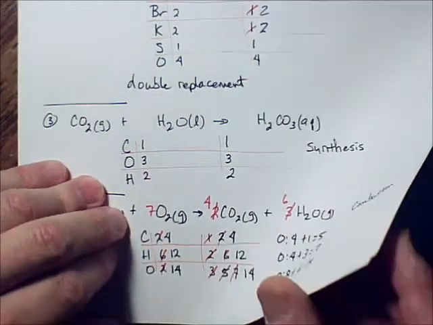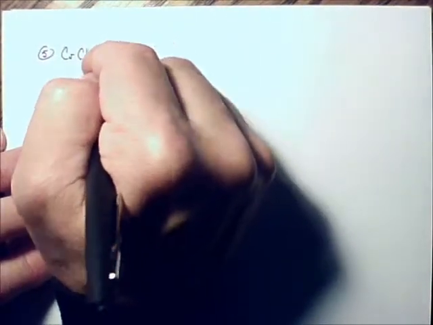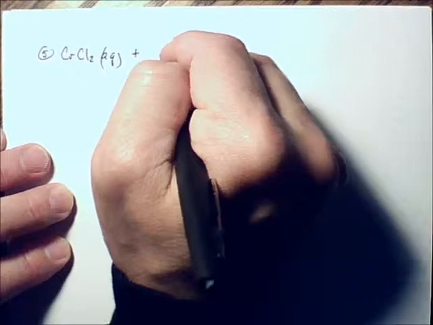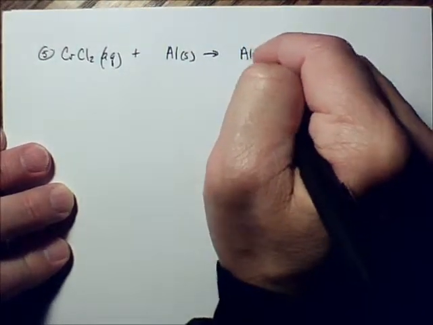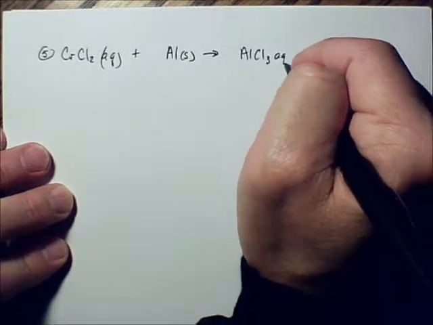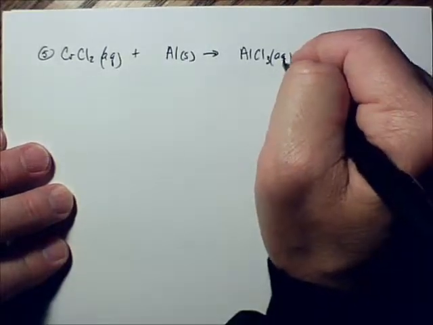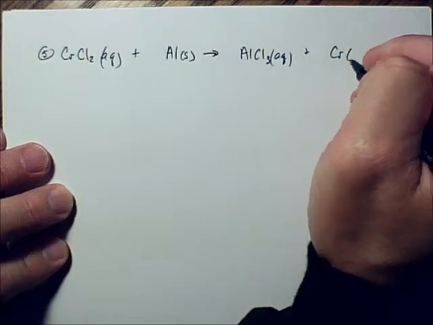Alright. That was problem number 4. Number 5. CrCl2 aqueous, aluminum solid, aluminum chloride aqueous. Yeah, I already did that one, or classified that one. And then we've got Cr, or chromium solid.